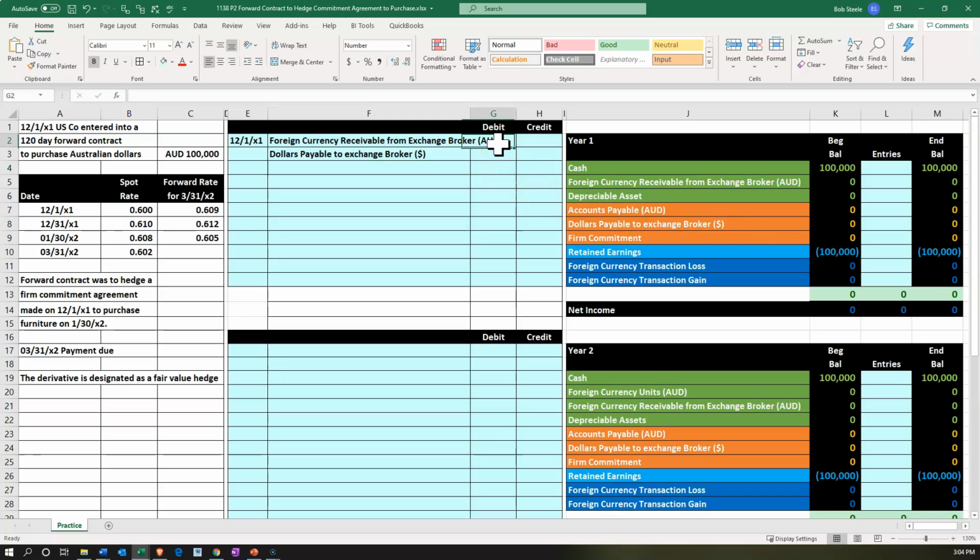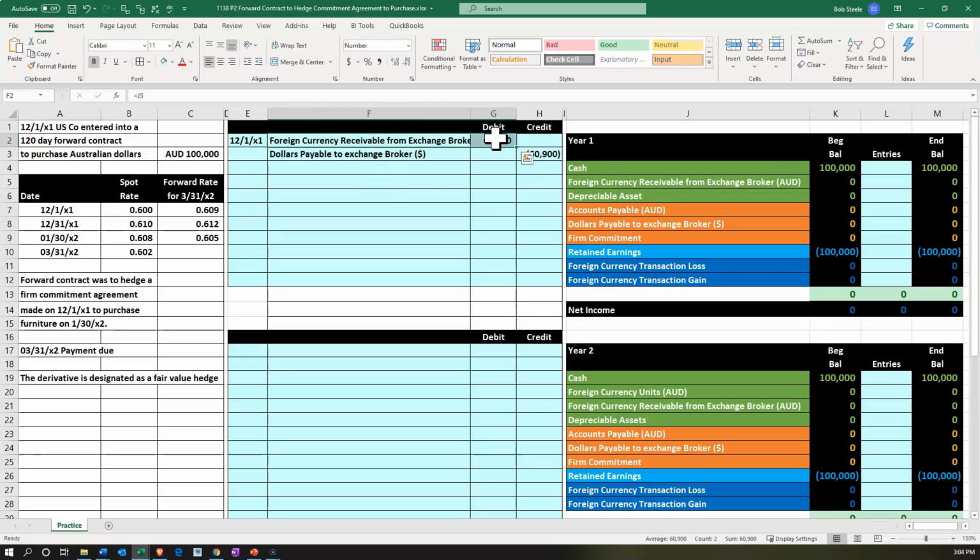And this is going to be equal to the 100,000, and we're using the forward rate as of this point in time. Remember, the spot rate is the exchange rate as of today. The forward rate is what we're predicting into the future, 120 days later, or on March 31st in this case. So we'll take this times the forward rate, which is 0.609, 60,900. So there's the debit and the credit.